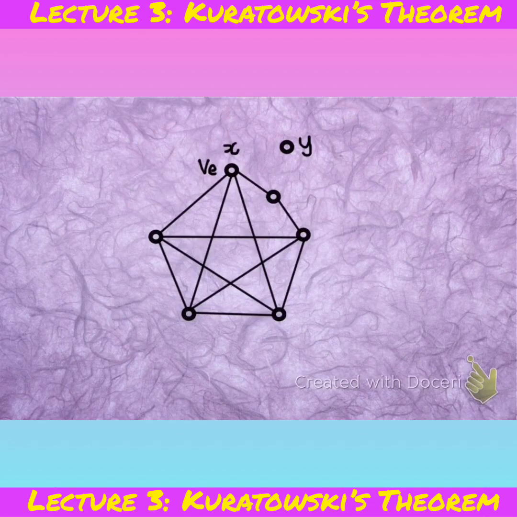So just an illustration again, where the first scenario is where X is the vertex VE. VE, remember, is a vertex on H that has degree at least 3.